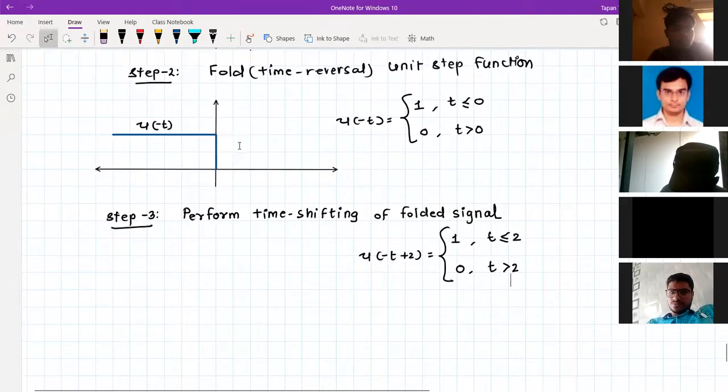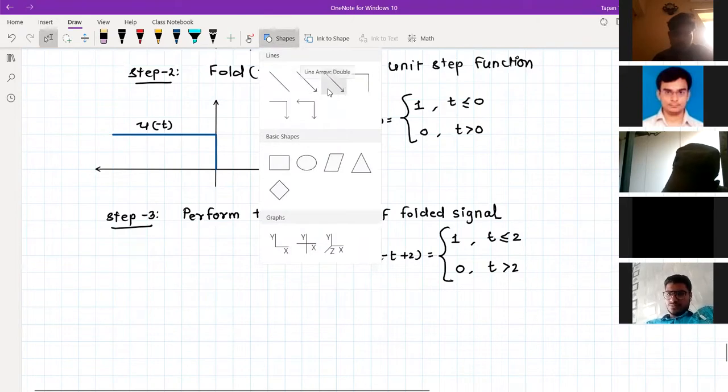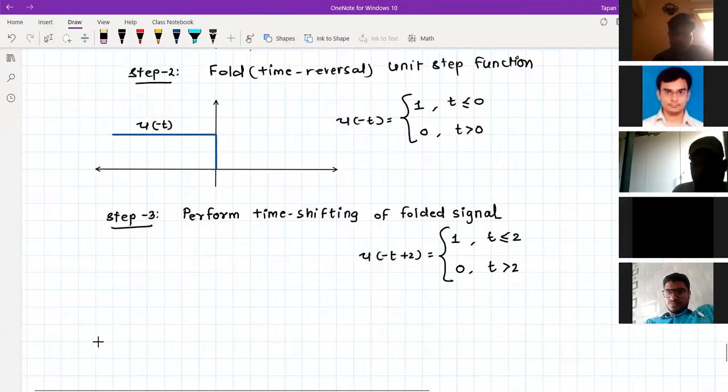Remember, whenever you add a number to the folded signal, it is actually right shifted. So, for example, here is the signal.